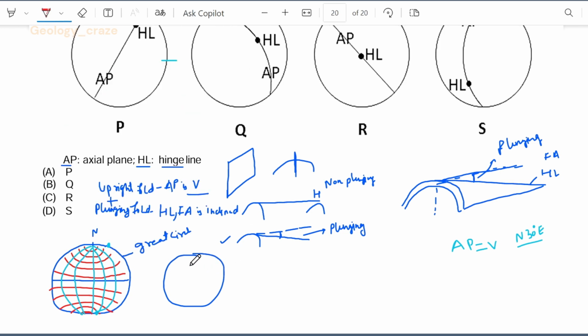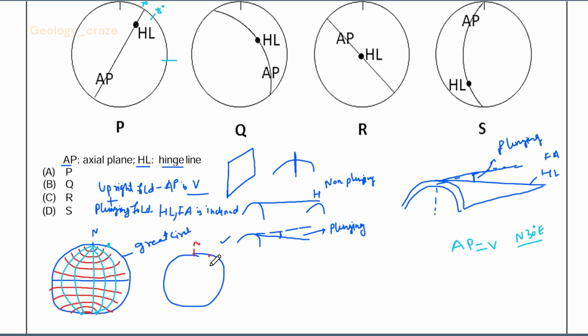After marking this point, we will rotate it to north. After rotating to north, we calculate the dip from this side. In our case it is dipping vertically, so at the circle it is 0, and at the center it is 90-degree.